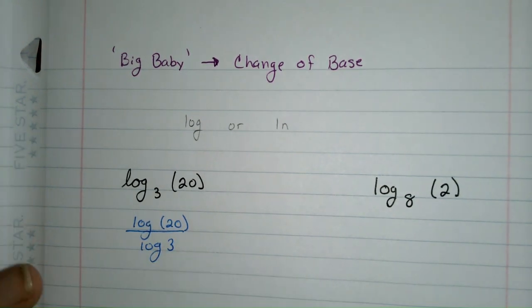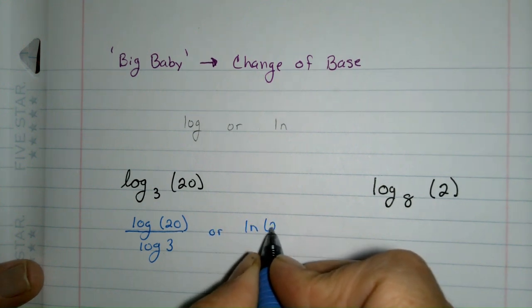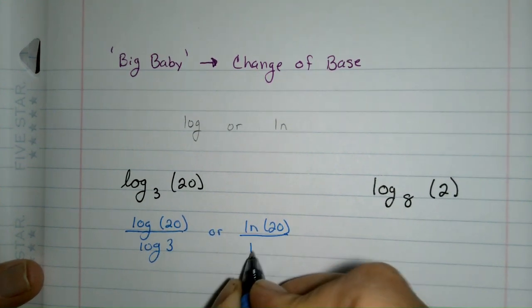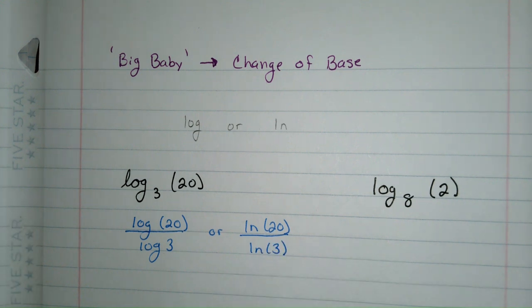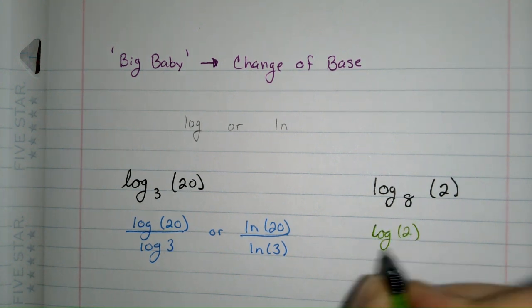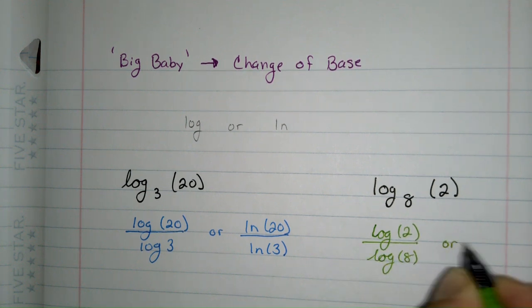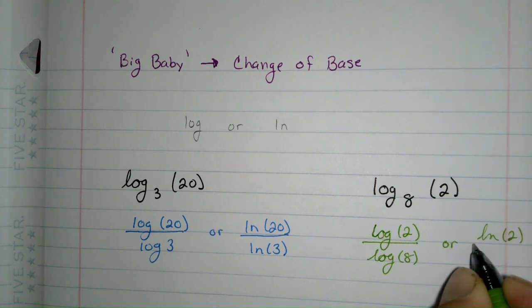That's one way you could do it, using common log, or natural log of 20 divided by natural log of 3. That's the only time I'm going to do log divided by log, is when I'm doing the change of base rule. So over here we'd have log of 2 divided by log of 8, or natural log of 2 divided by natural log of 8.